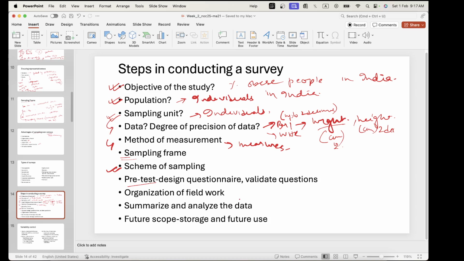Okay, so organization of field work, and then data collection. Whenever you are doing a survey, it will be laden with errors. There would be entry level errors, there would be errors in understanding, because just by virtue of the scale of a survey would determine how erroneous your data collection can be.